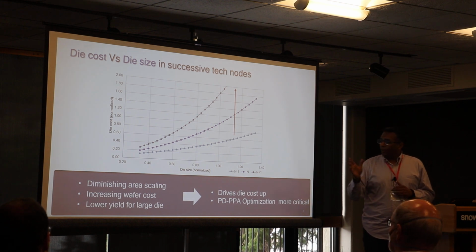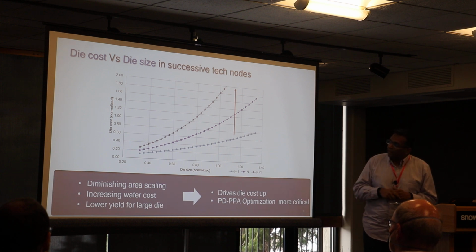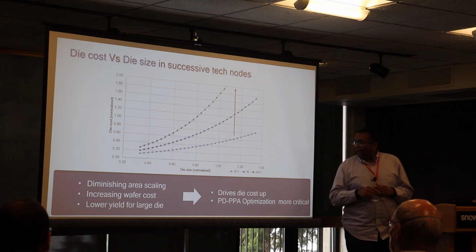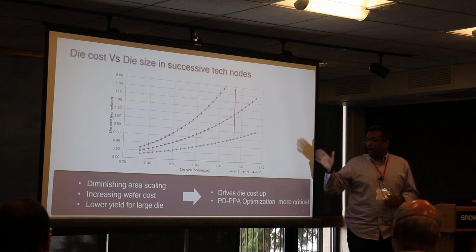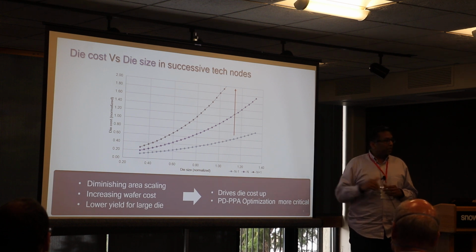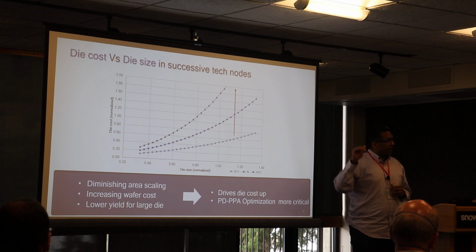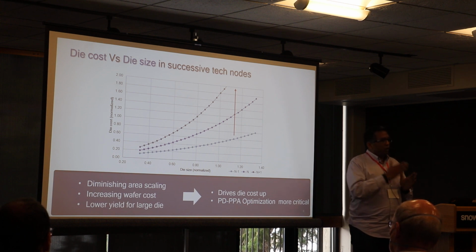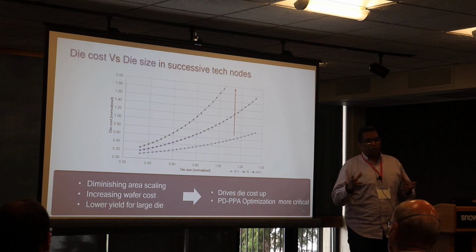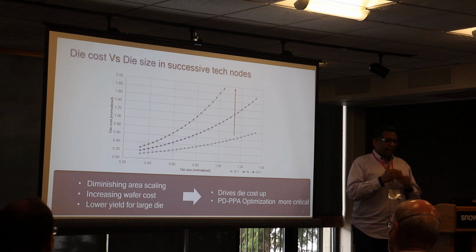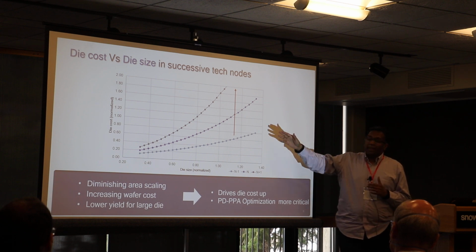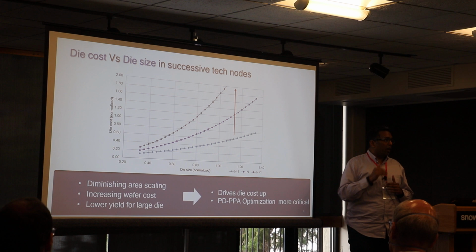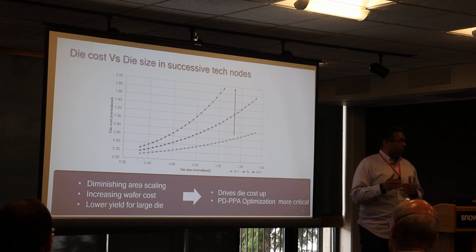This is a graph showing die size on the x-axis and die cost on the y-axis, normalized, and the three lines are the various technologies, n-1, n, and n+1. Extra performance and features do need to increase the die size. If you look at the same die size in two technologies, the cost itself is about 80% larger.